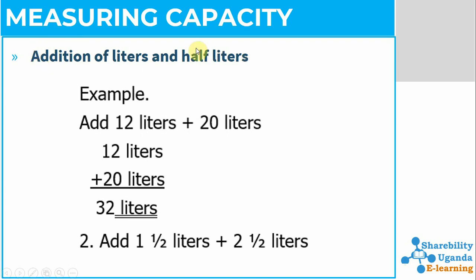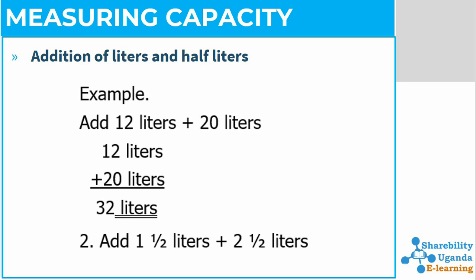Please know that when those companies came up with those bottles, they used what we call measurements, and this is what we are looking at, measuring the capacity. From this lesson, you will understand how we measure them, how we add them, and how those liters are measured in those bottles.